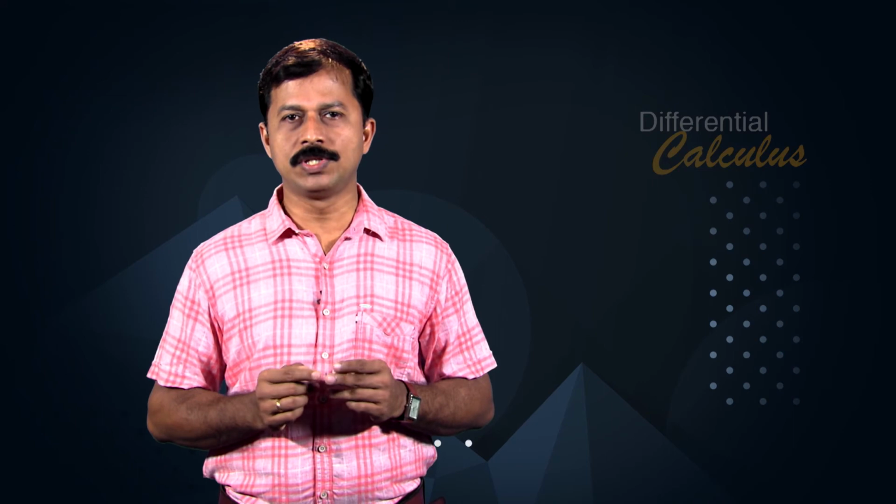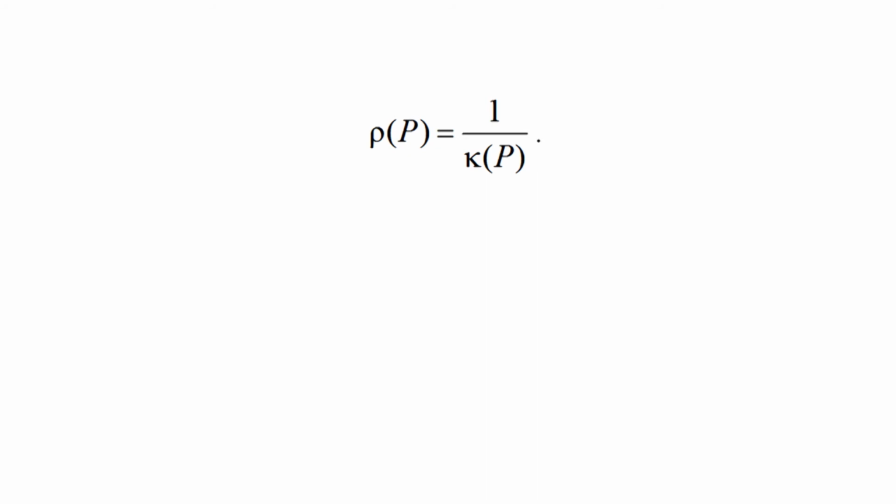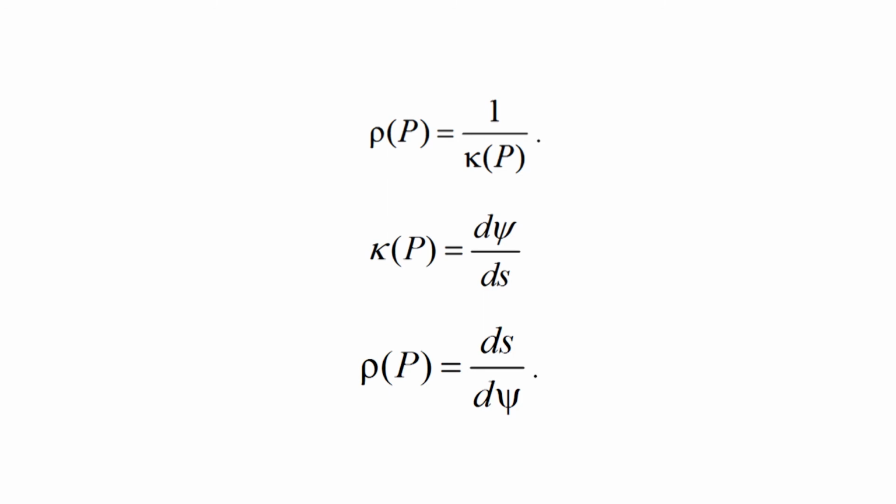The circle of curvature and the curve have the same curvature at the point P. The radius of the circle of curvature at a point P is defined as the radius of curvature of the curve at the point P and is denoted by ρ(P). Thus, ρ(P) = 1/κ(P). Since κ(P) = dψ/ds, the above gives ρ(P) = ds/dψ. The center of curvature of the curve at P is the center of the circle of curvature.